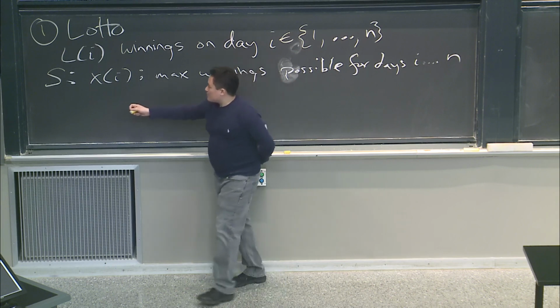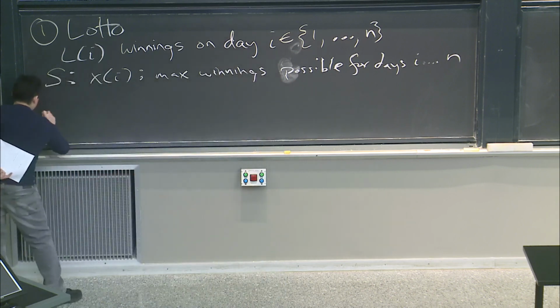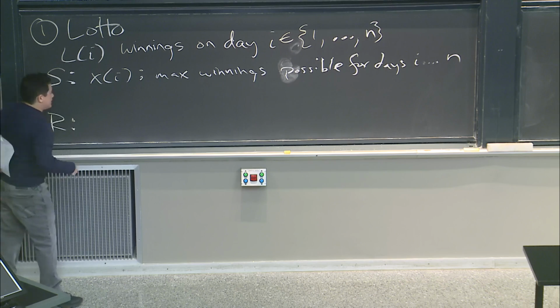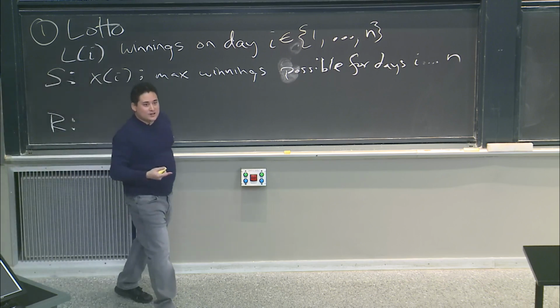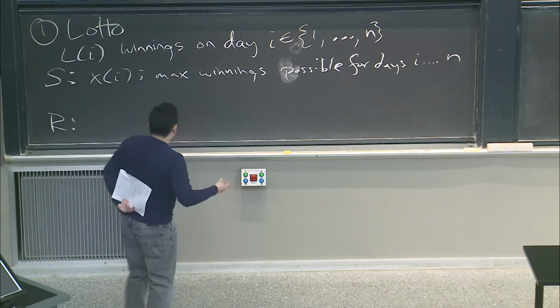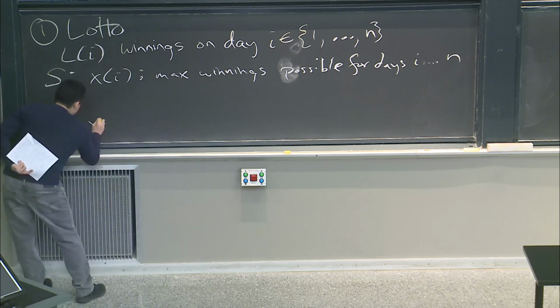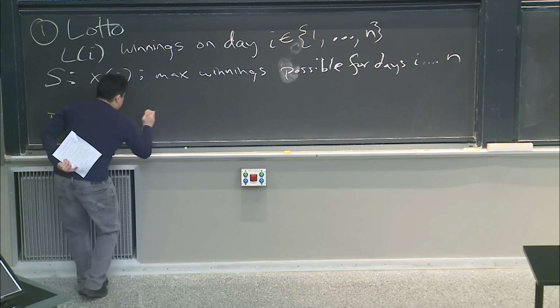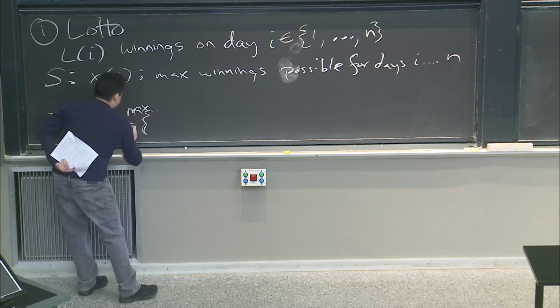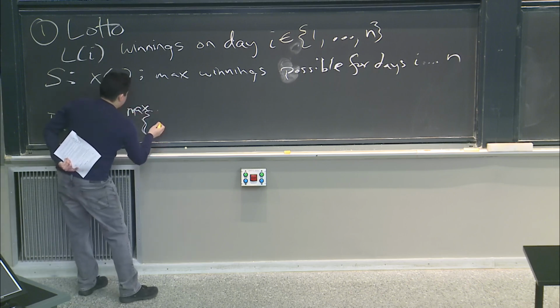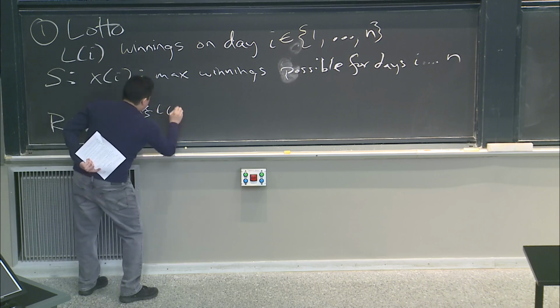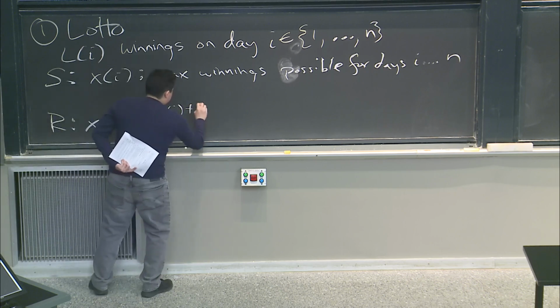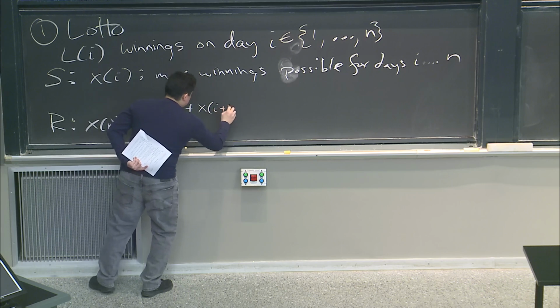In my relate step, what are my choices? I can either play on day I, or I can not play on day I, right? I'm trying to maximize this thing. If I play on day I, I get Li, and then I can recurse on the remainder.